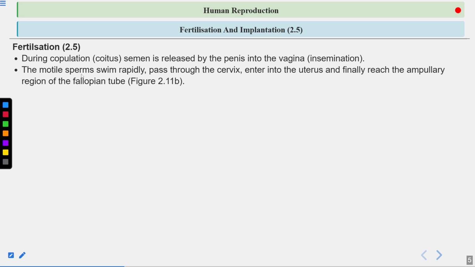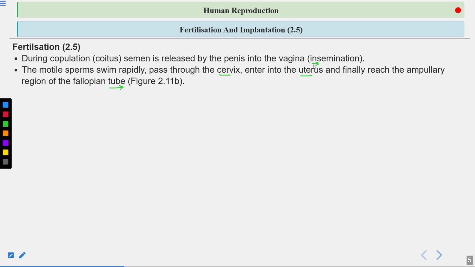The tail helps the sperm to move and provides motility. The motile sperms swim rapidly, pass through the cervix, enter into the uterus, and finally reach the ampullary region of the fallopian tube. So this is how the sperms travel after insemination.